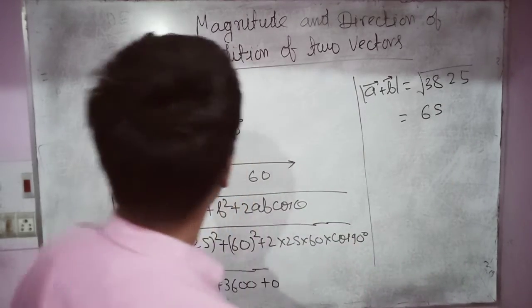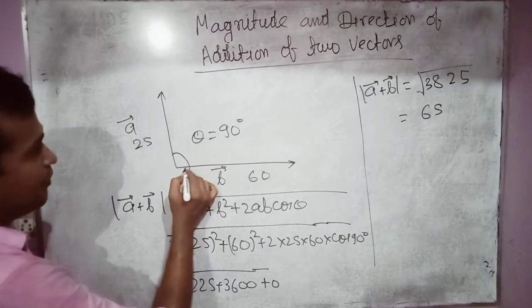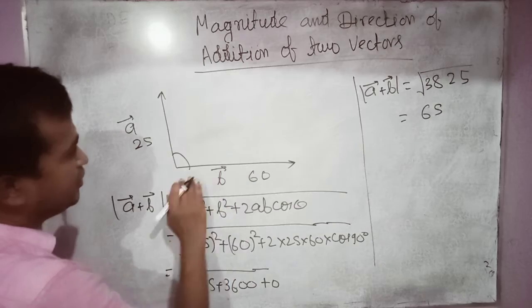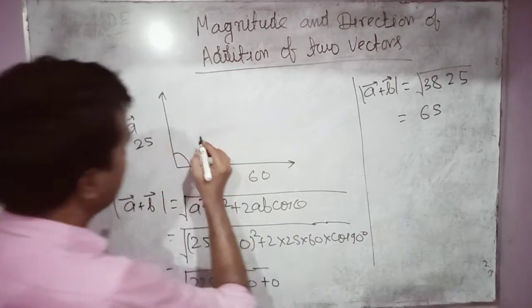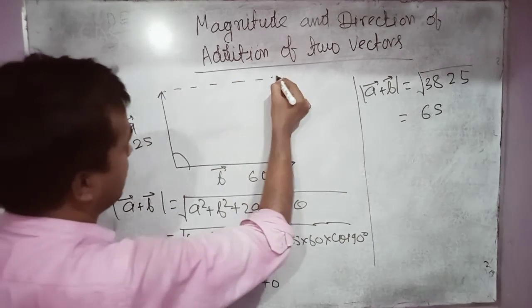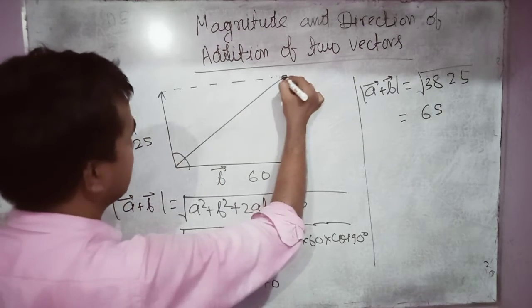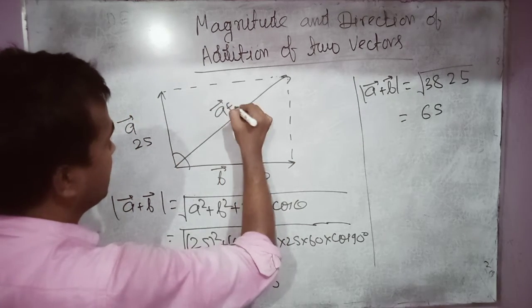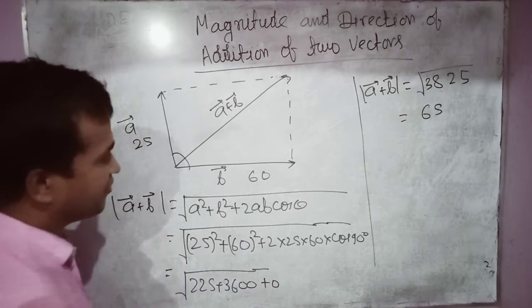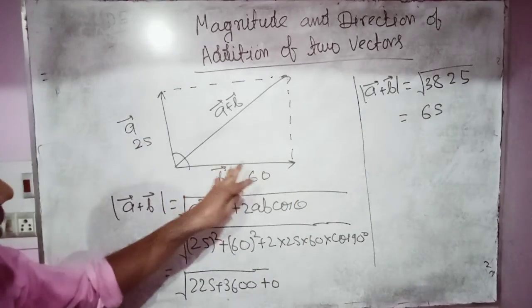So the magnitude of the addition of these two vectors is 65. This is vector A plus B. It has magnitude equal to 65. Now what is the direction of it?